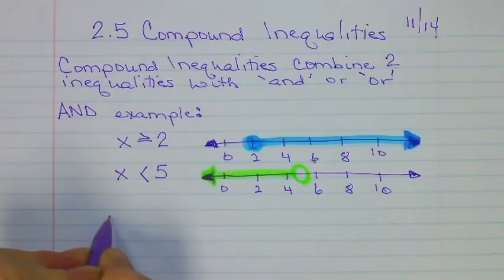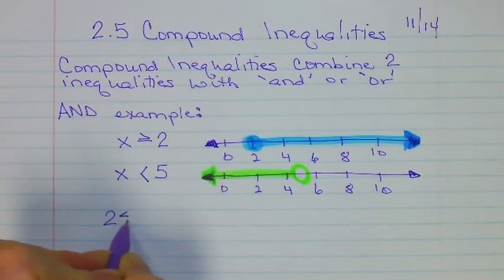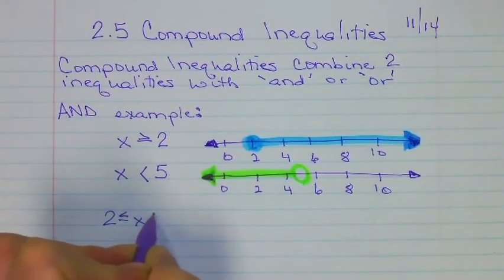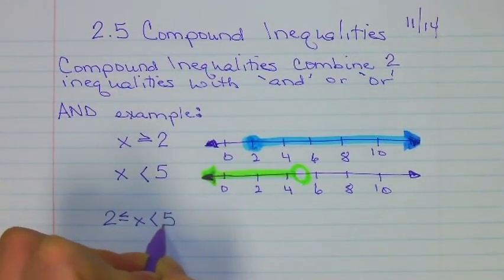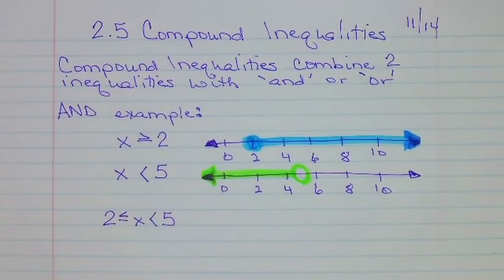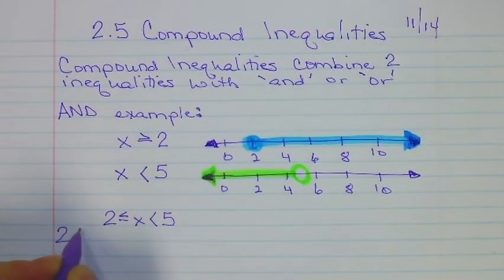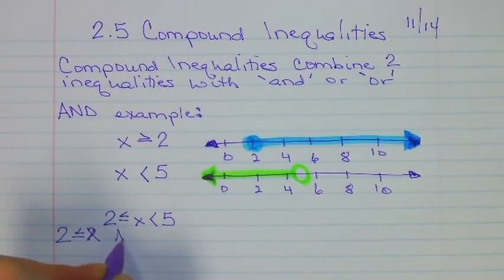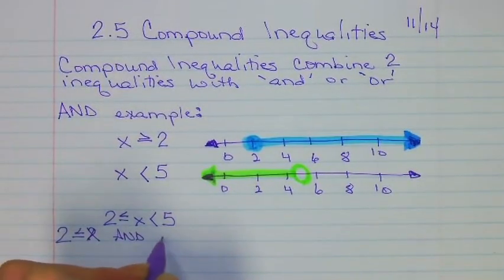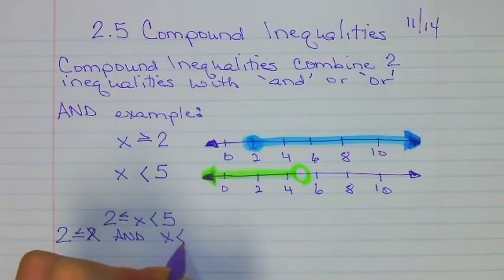So if I said 2 is less than or equal to x, which is less than 5, that actually means 2 is less than or equal to x, and x is less than 5.